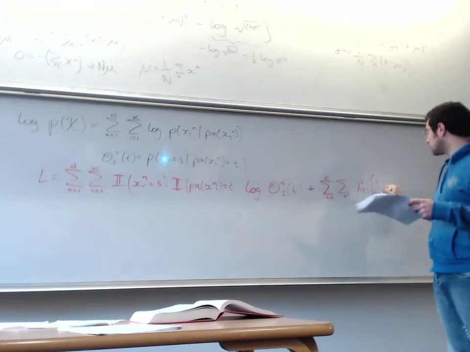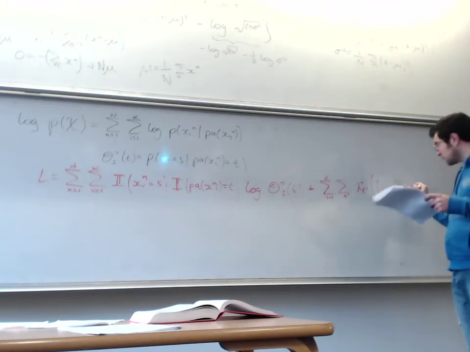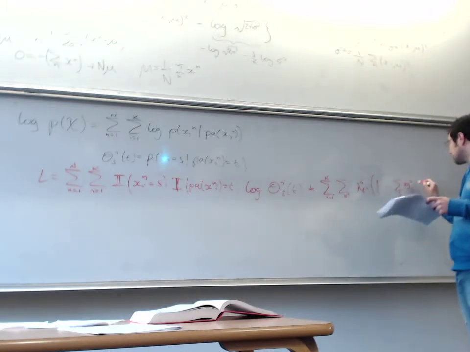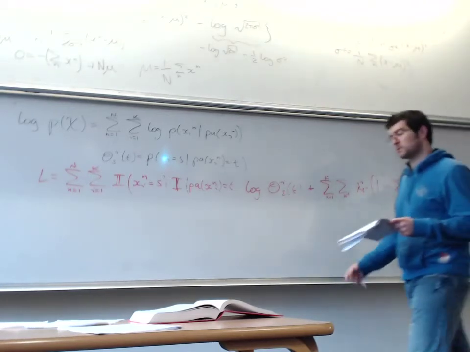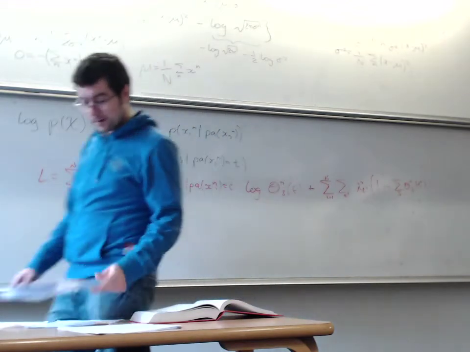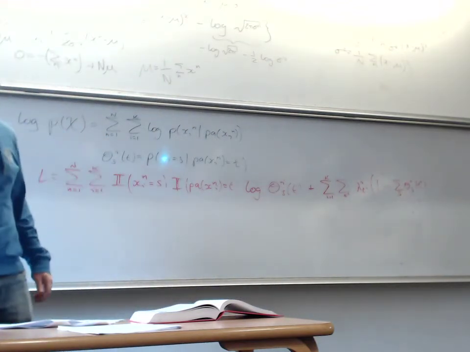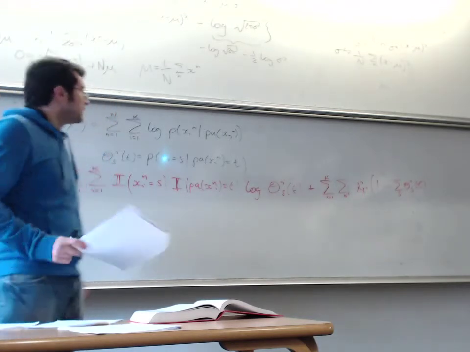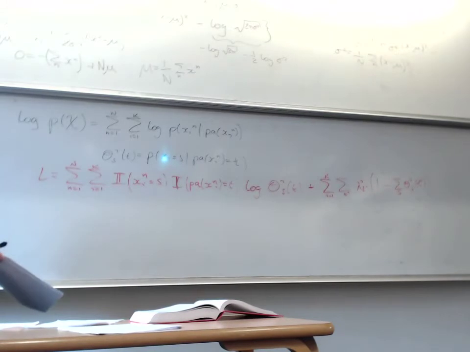And then we have the actual constraint that the sum over s of theta_ist is equal to 1. If you've never used Lagrange multipliers before, I suggest you read up on that. It's not hard really, it's just a little fiddly to get your head around. So this is the Lagrangian, but written in thetas.